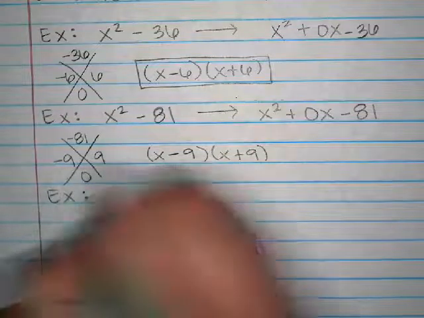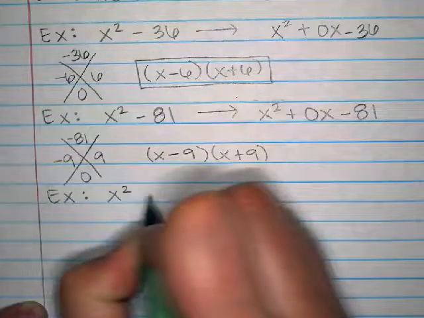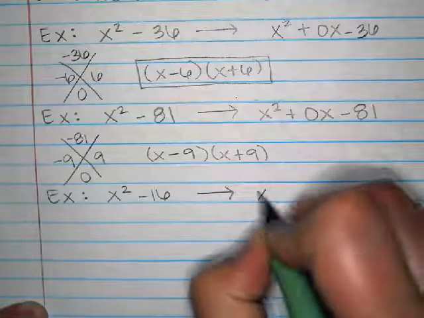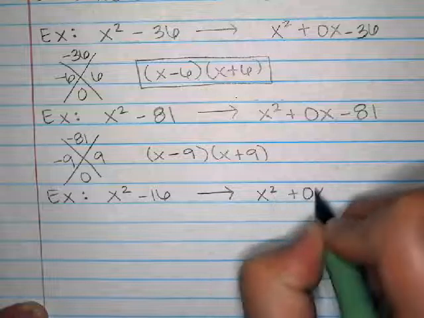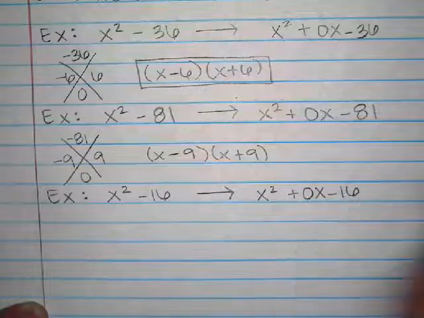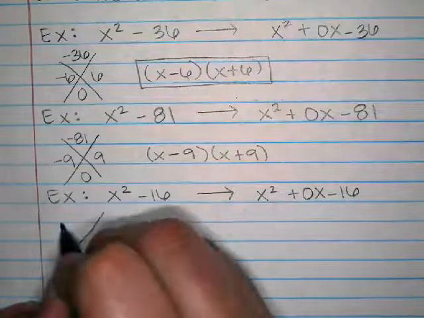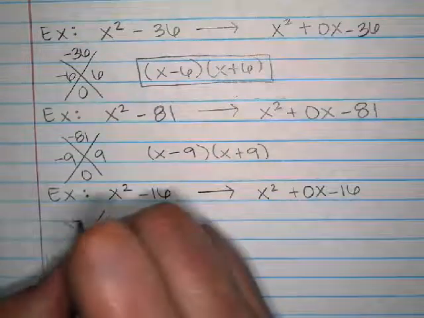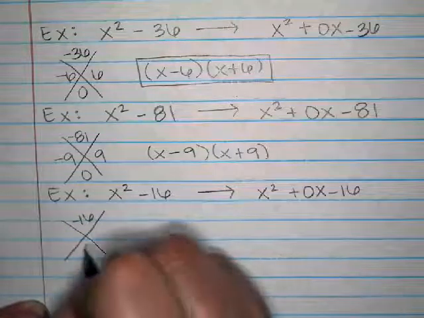Okay, let's try another one. If I did x squared minus 16, the first thing I'm going to do is rewrite it. X squared plus 0x minus 16. So I'm looking for two numbers that multiply to negative 16, but add to 0.